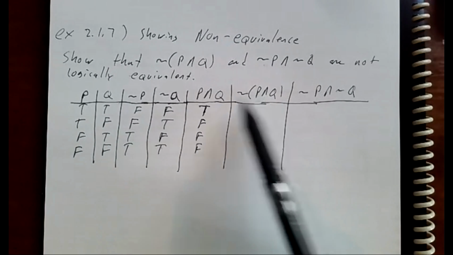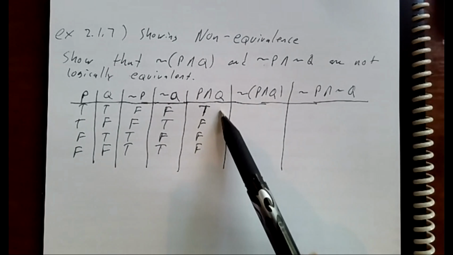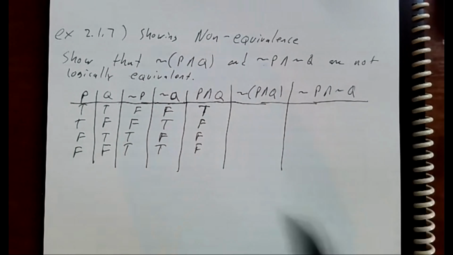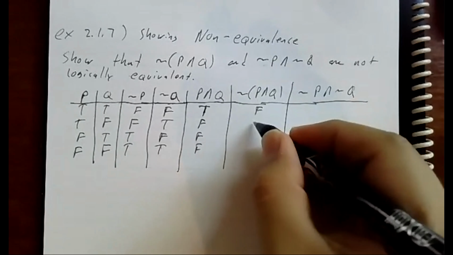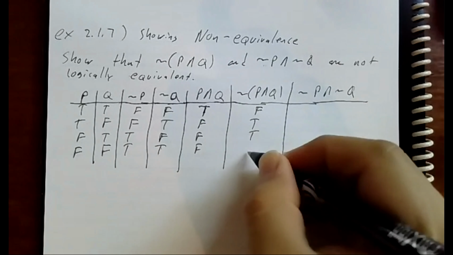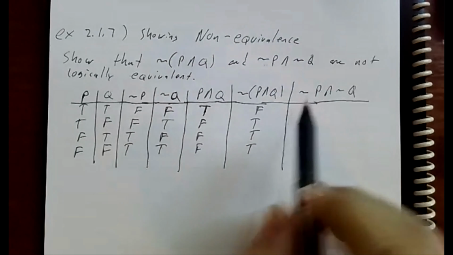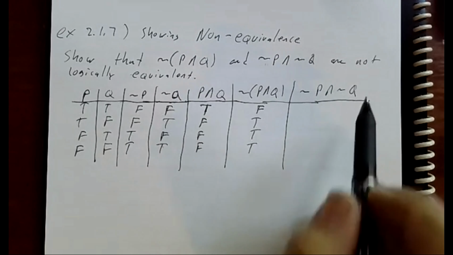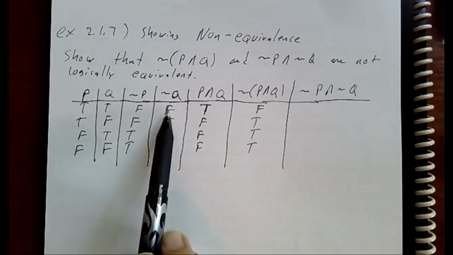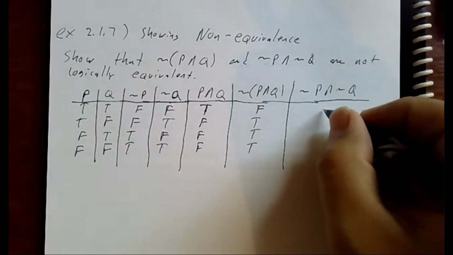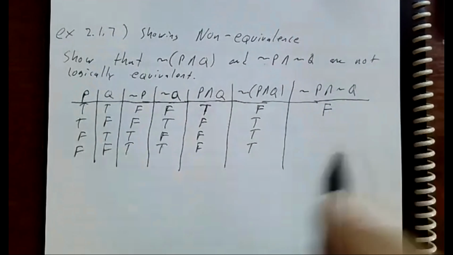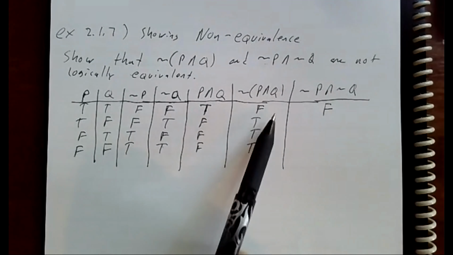So now negate the and statement, meaning the opposite of all these, right? Now we're going to do this: not P and not Q. So false and false. So you can see it's already not the same, right?